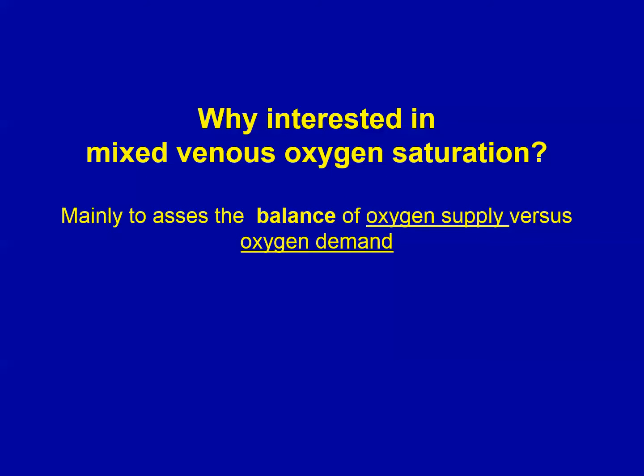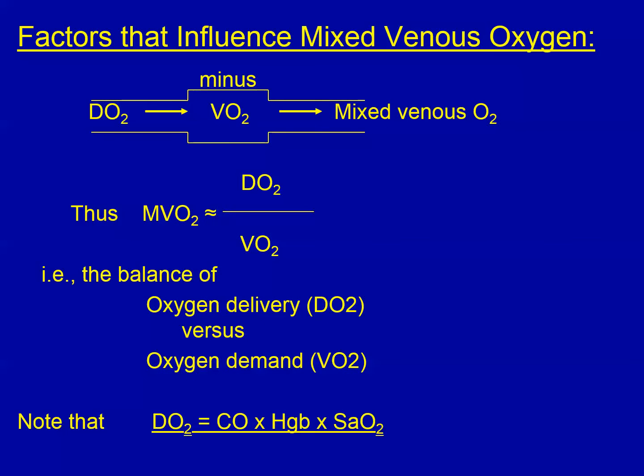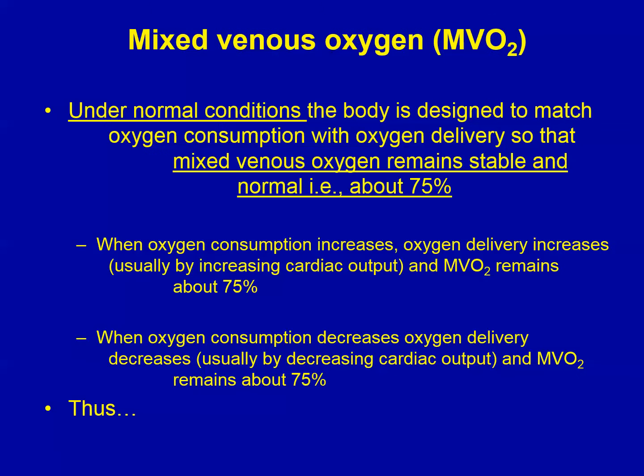So why are we interested in mixed venous oxygen? Mainly because it tells us about the balance of oxygen supply versus demand. This relationship is illustrated on this slide. Under normal circumstances, the body is designed to match oxygen consumption with oxygen delivery, so that mixed venous oxygen remains stable at about 75%.